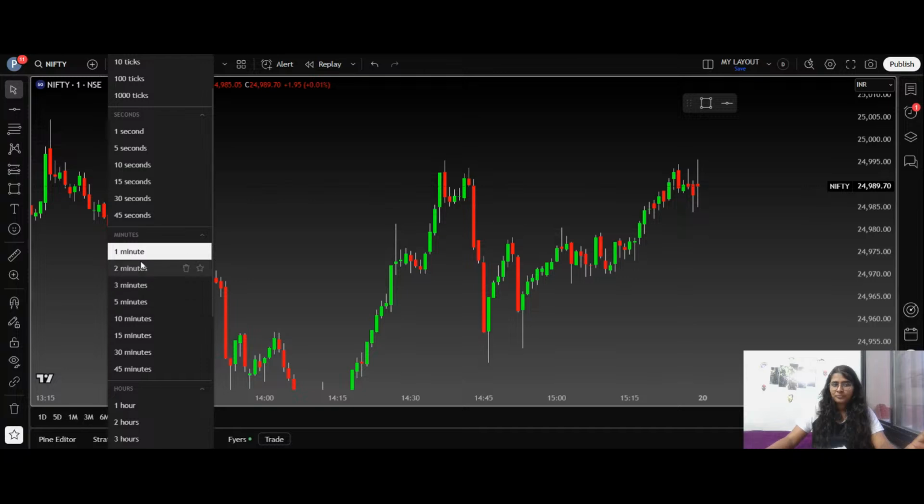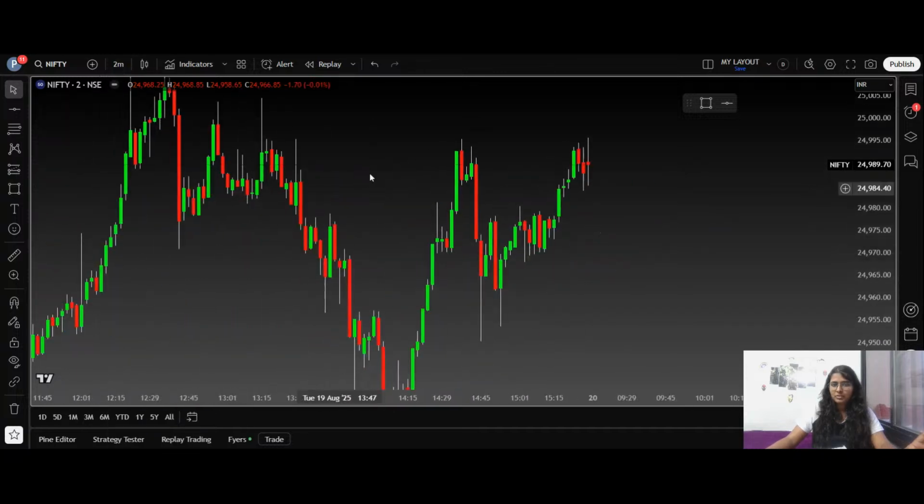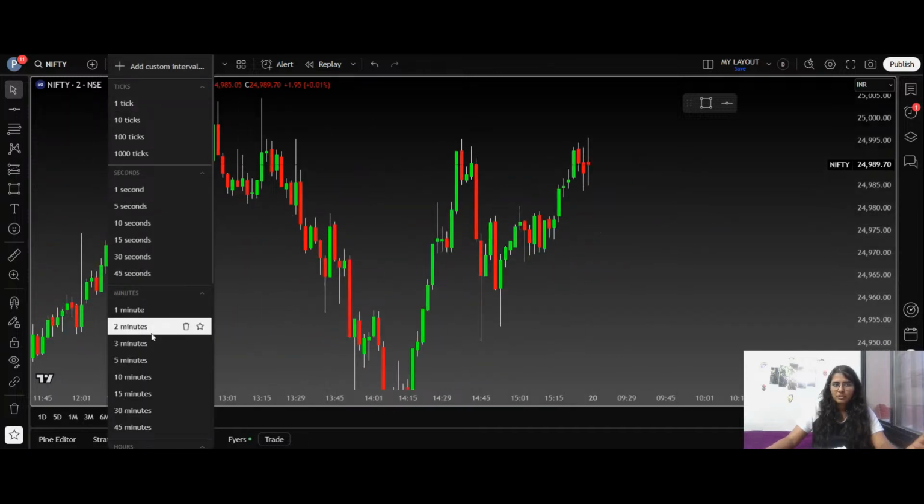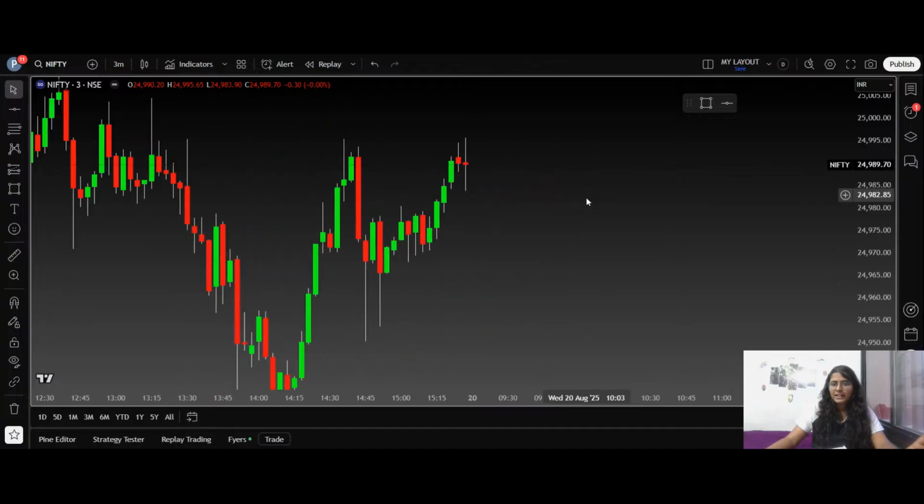Suppose I kept it at 2 minutes, this will be like this. Suppose I kept it at 3 minutes, each candle will represent what happened in the past 3 minutes.